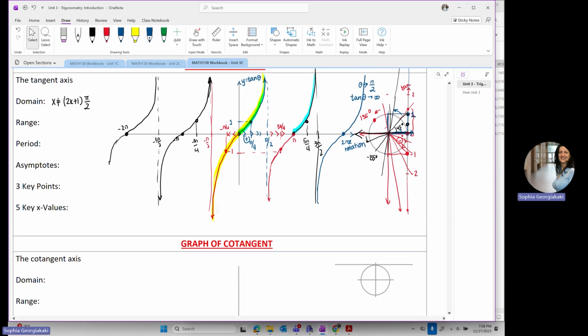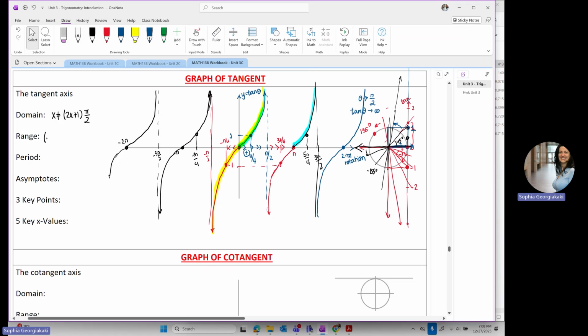The range is all real numbers because these branches go all the way to the bottom and all the way to the top, and those terminal sides intersect the tangent axis from negative infinity to positive infinity. The period is only pi. The asymptotes are vertical lines at odd multiples of pi over 2.